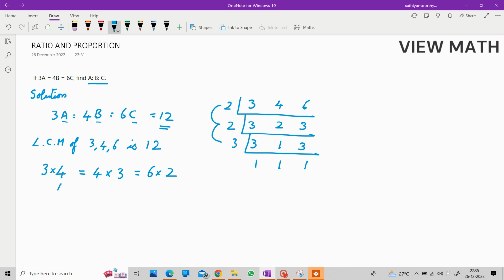So this is your A and this is your B and this is your C. Therefore, A is to B is to C is equal to 4 is to 3 is to 2.